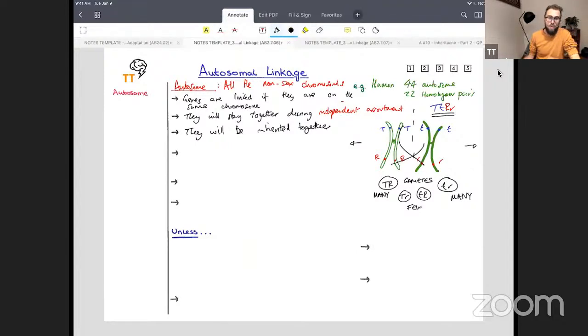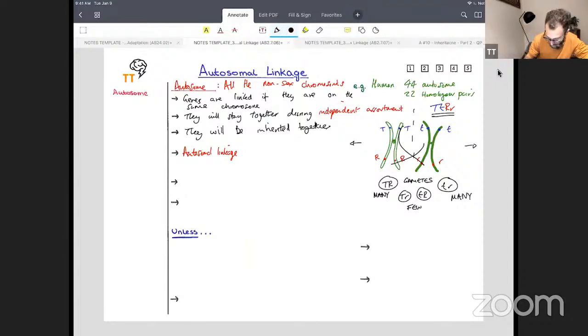Okay, so where do we want to go from here? I'm going to say that autosomal linkage, I might put that in red because it's a key term. This is going to mean that you have, what's going to be the result of the offspring?